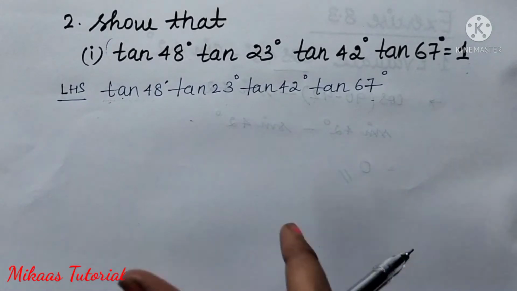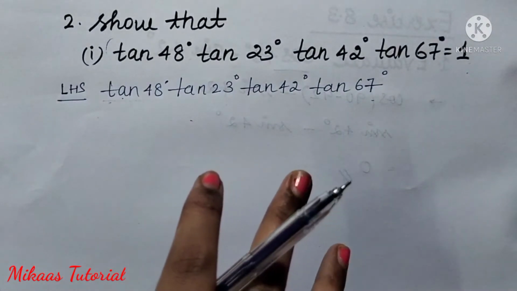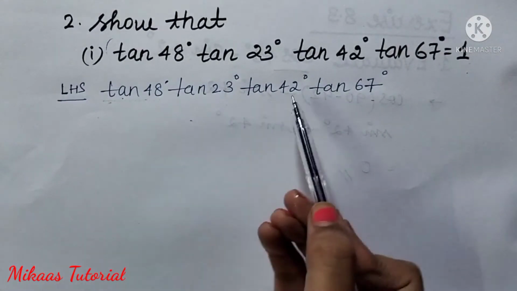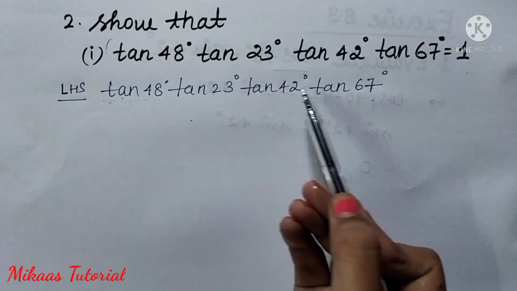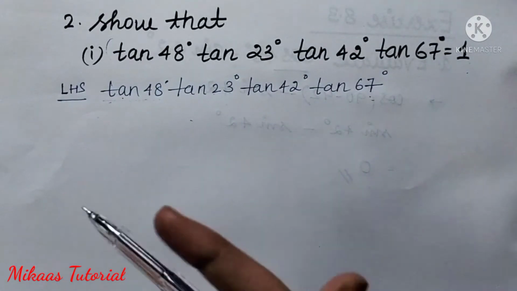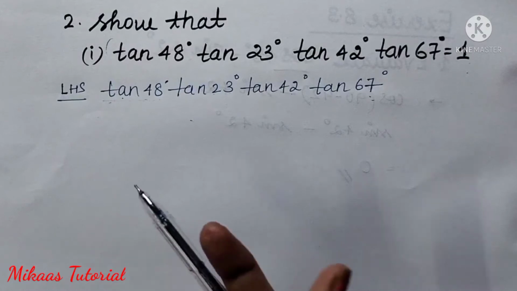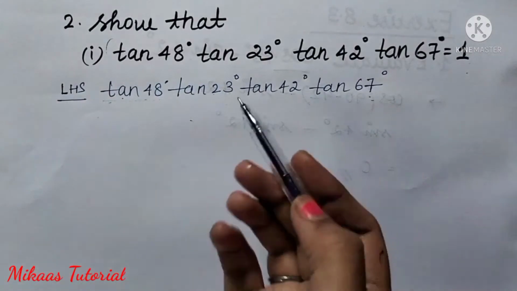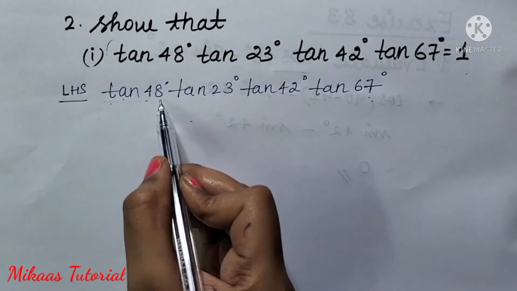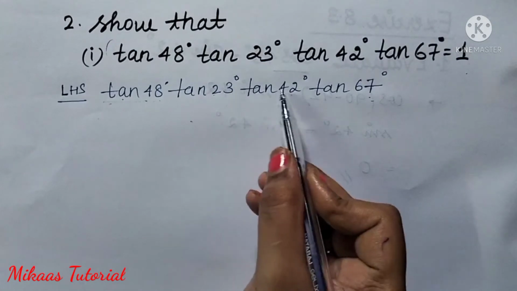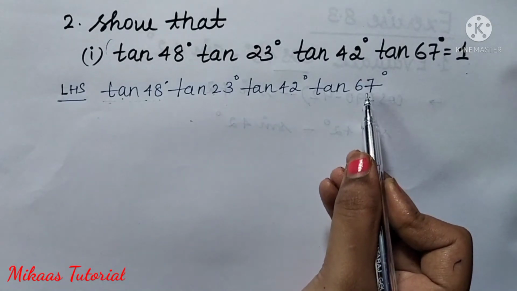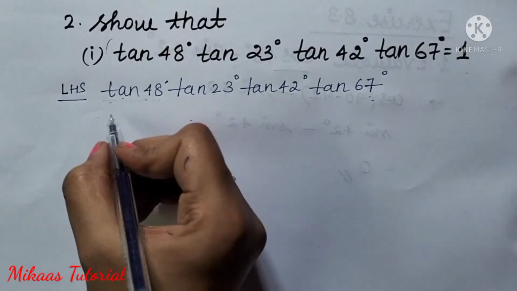In this type of question, we have to make these values, 23, 48, 42, 67, into the same numbers. For that, what can we do? Make this 48 in terms of 23, 42 or 67, in any one term. How can we do it?